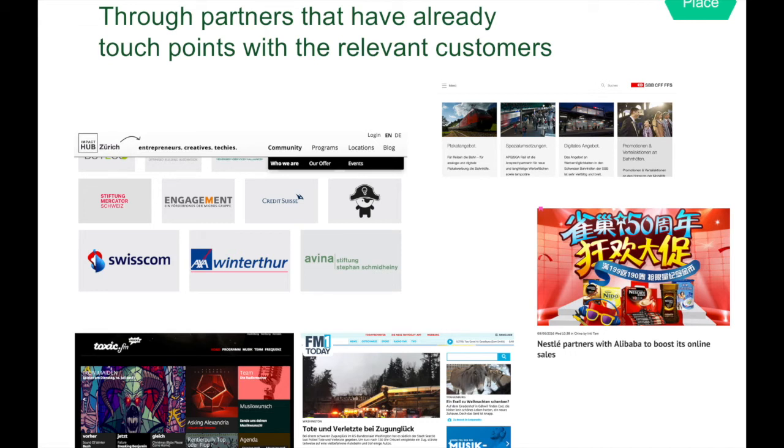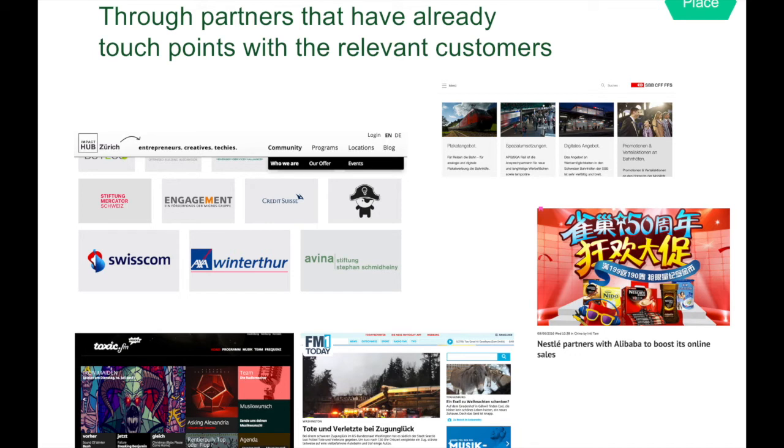Last but not least, on the lower left side and middle, that's two radio stations from St. Gallen, that's Toxic FM and FM1. And just by looking at the two websites, you can sense that the two radio stations attract very, very different customers. And here it is important for a company to really understand which customers each of the two radio stations address and which one is the right one to collaborate with.